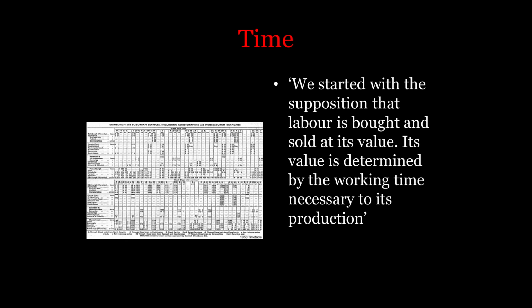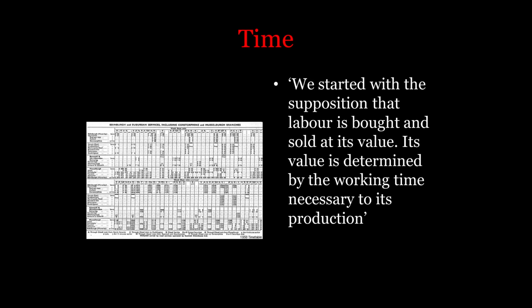We might also say that one of the most fundamental mechanisms by which capitalism manages its subject is through the organisation of time. The previous slide showed the clocking in box, or the clocking in card, so there are technologies of time management. And this is all to do with the management of labour, of course. We started with the proposition that labour is bought and sold at its value.